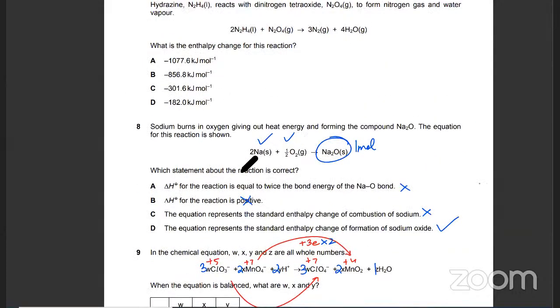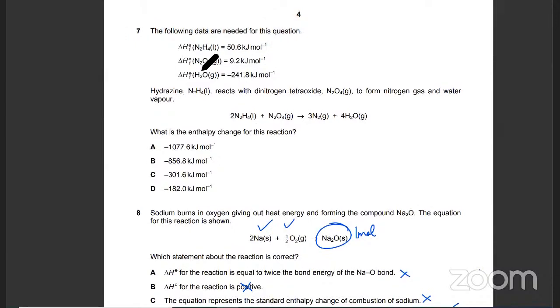And the elements must be in the standard state. What formula would you use if you know the enthalpy of formation of the reactants as well as the products? Product minus reactants. N2 would be 0.